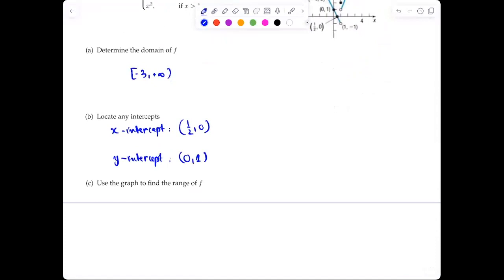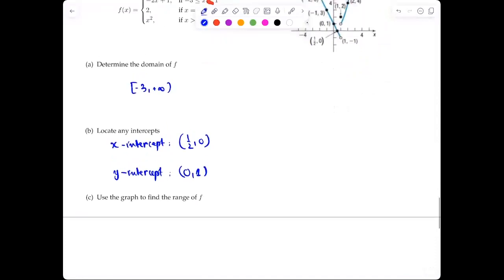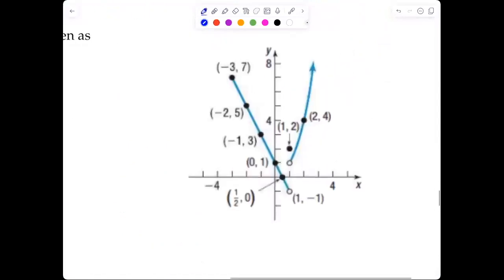Now, what is the range of the function? Starting from -1, including? No. So start from -1 to infinity. Even though, again, yes, you have a hole here, this gets you. So from -1 to positive infinity.